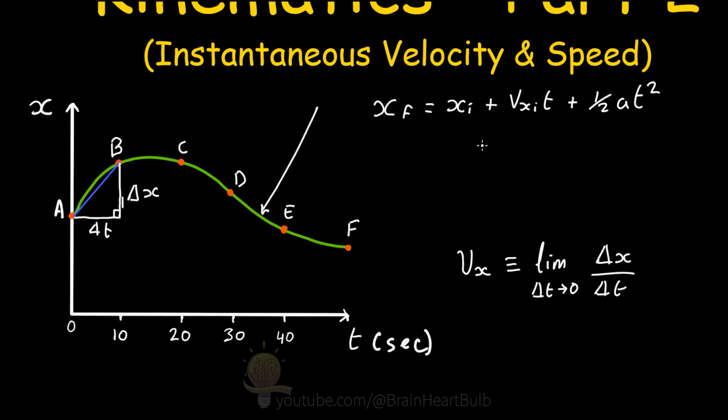So we can also represent our instantaneous velocity here by saying delta x over delta t. And again, this value is a vector. And we can see it's a vector because the gradient, which represents our instantaneous velocity, can be positive, as it is here.